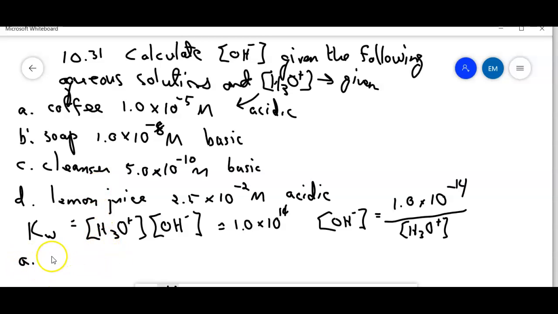So for A, it's 1.0 times 10 to the minus 14th divided by 1.0 times 10 to the minus 5th. And you don't even have to get your calculator out.